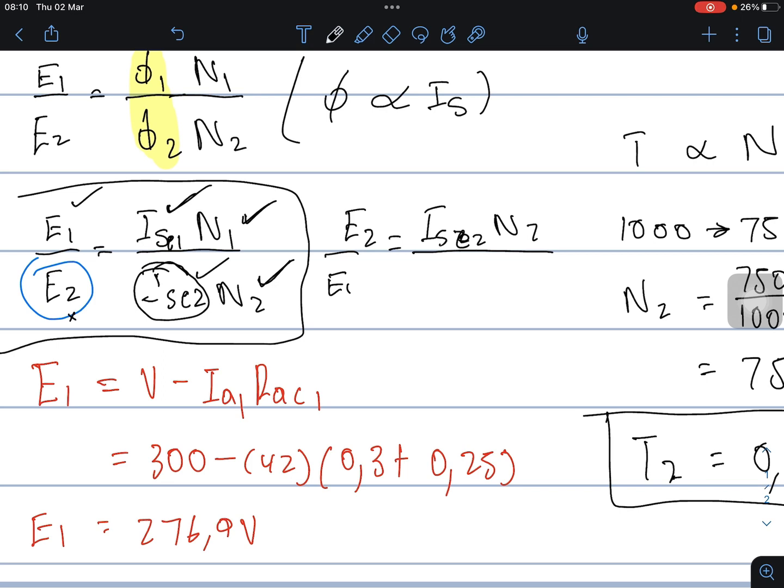I'm just making E2 the subject of the formula here, guys. You have a mathematical background.